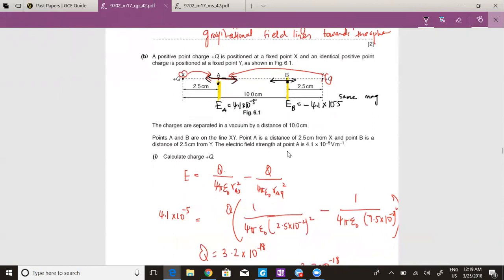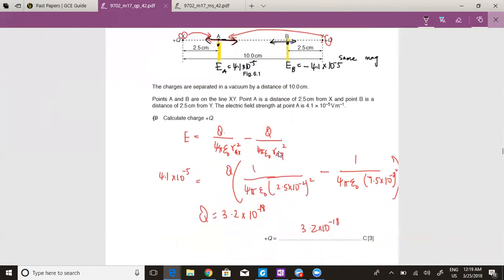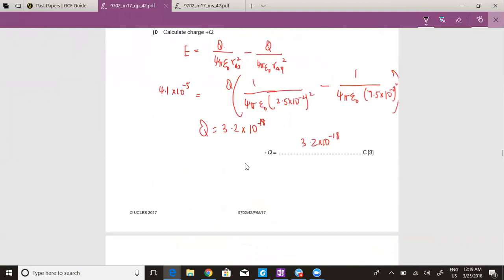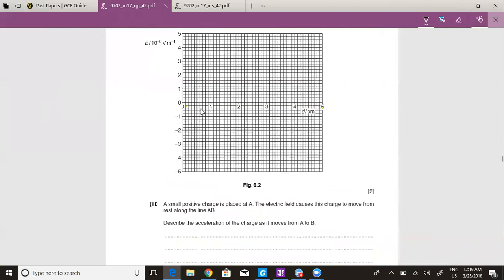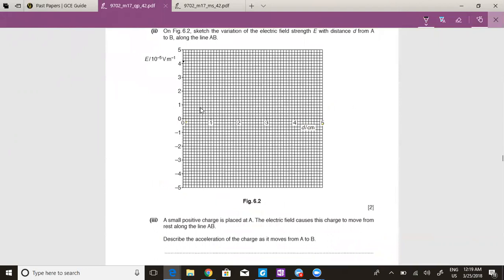So with those observations, and noting that the electric field strength goes with R squared, we start at 4.1 into 10 to the power minus 5 somewhere here, and we have to end somewhere here, if I've done it right.